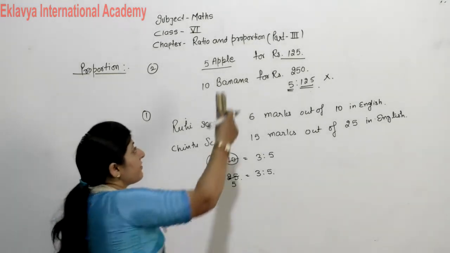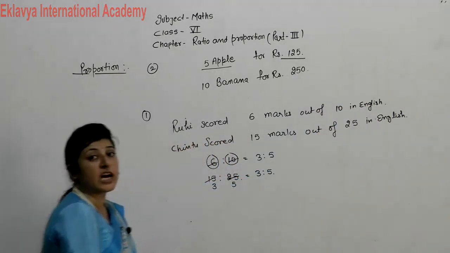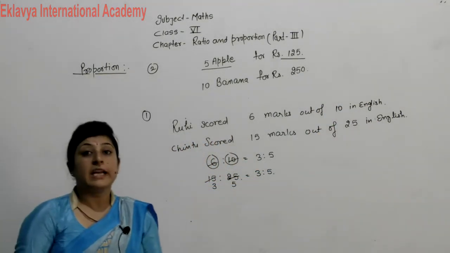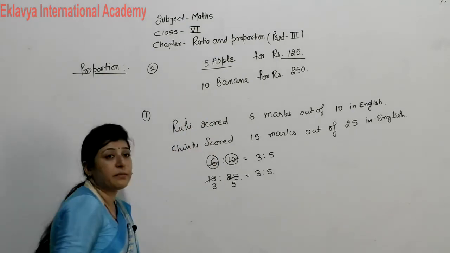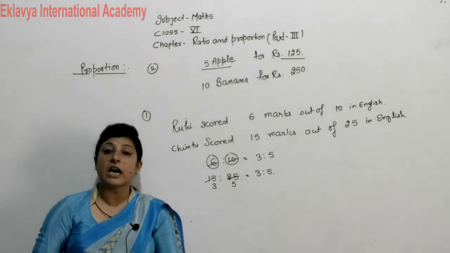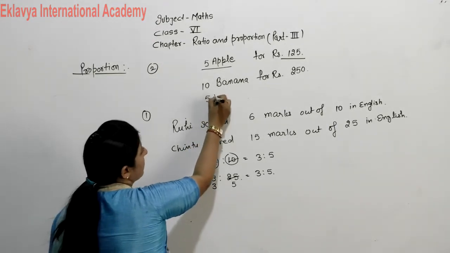So to check whether these ratios are equal or not, you can compare 5 apples and 10 bananas because both are fruits. So we can write 5:10.